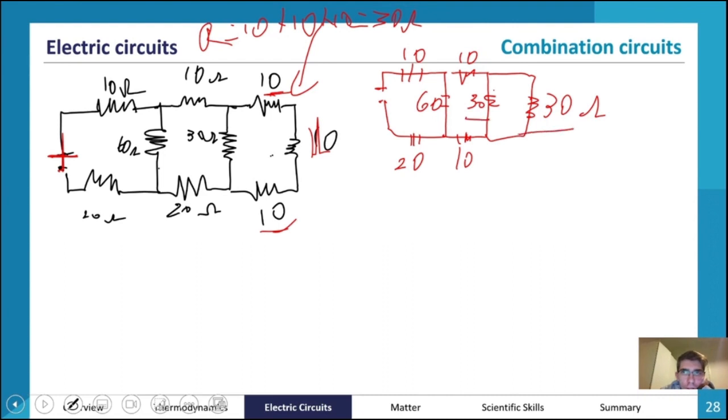The 30 and the 30 are parallel to one another, so we can solve that by saying that RT is equal to 1 on 1 on 30 plus 1 on 30, which is equal to 15 ohms.